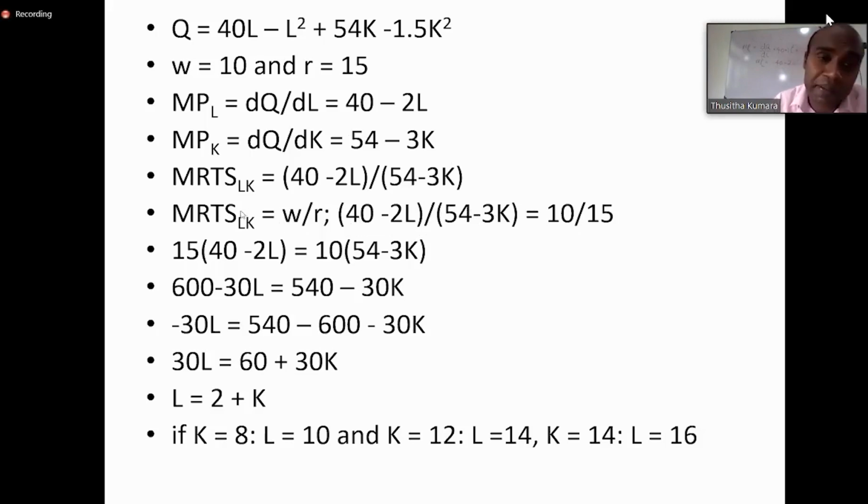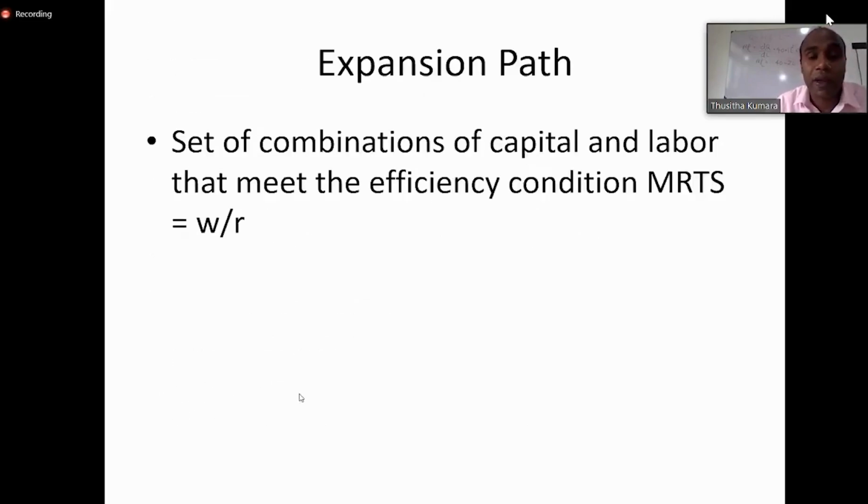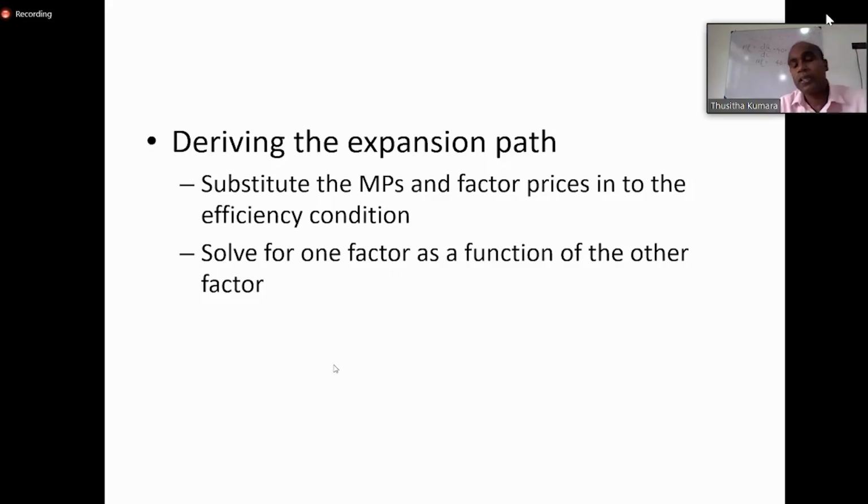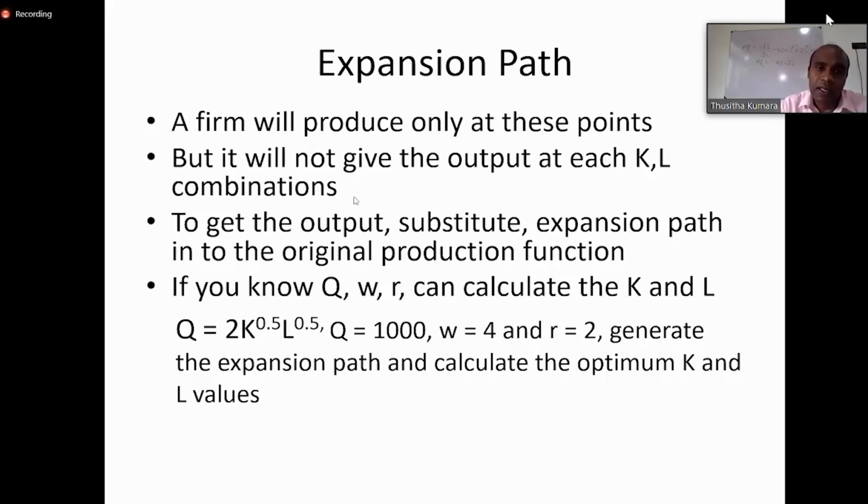Efficiency condition is MRTS equal to W by R. So MPL by MPK, that is MRTS, and W and R. Once we substitute and solve it for one factor, in this case, I have solved it for L. If you like, you can do it for either L or K, it doesn't matter. So we solve it and finally we get the expansion path. Right? So that is how we are going to get the expansion path.